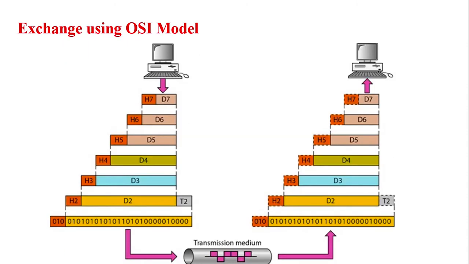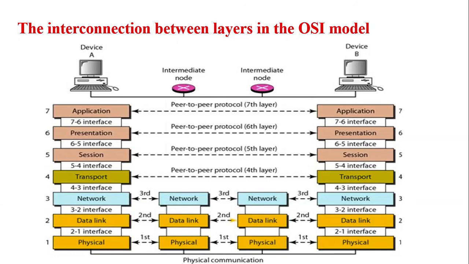So as already discussed, the data is sent from device A to device B, but whenever it goes through the different layers, different headers are attached to that data, which are part of that particular layer, and each layer interfaces with the next.